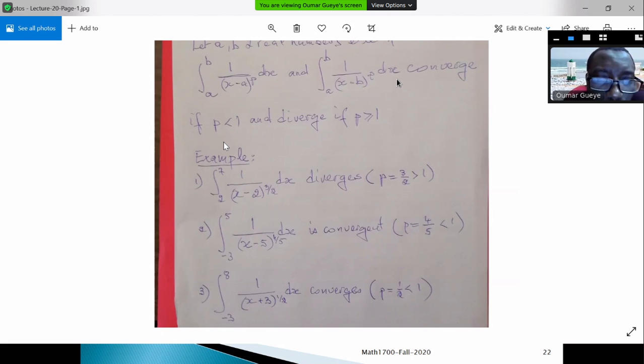Since you already know all this information about the p integral, you always have to compare your complicated integral with one of the integrals coming from the p-test, and then you can conclude from there. So the first step is to know exactly how the p-test works.